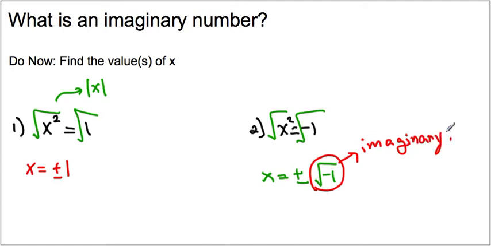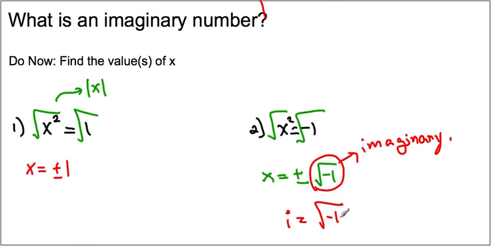And being mathematicians, people decided to use i to represent that. So in fact, let me just erase this one. i equals the square root of -1.